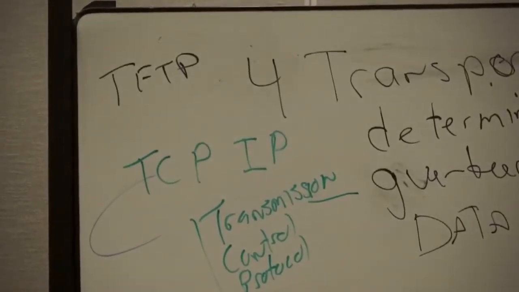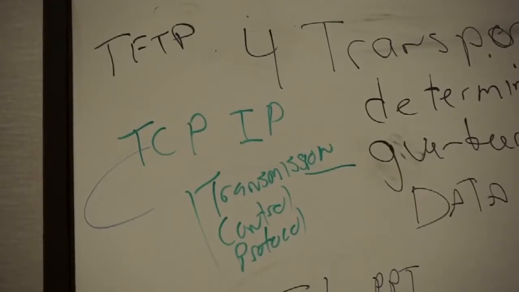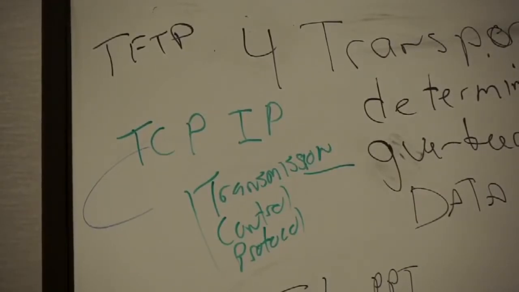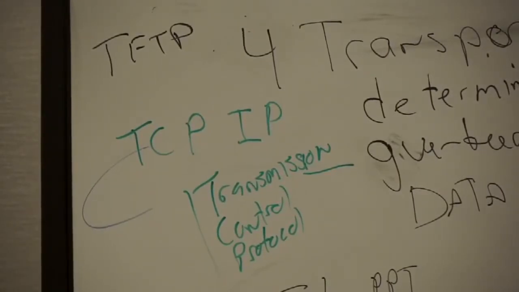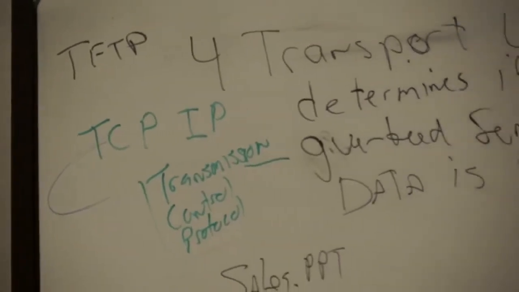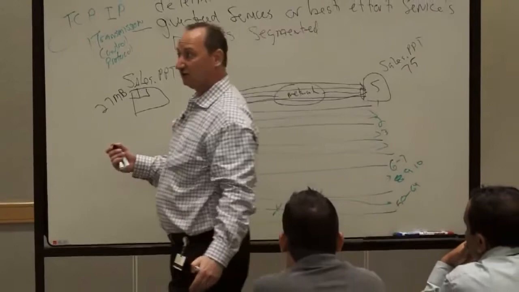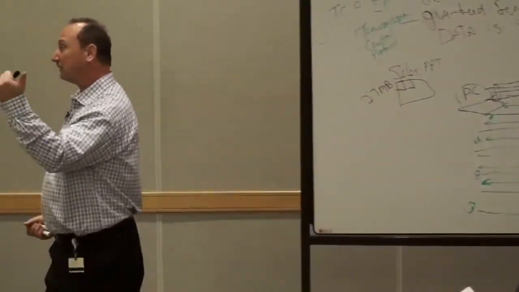In this case, if we chose TFTP to move this file, this guy says, I've got 75 segments, here they are, 1, 2, 3, 4, just sends them out. What's the benefit of that? It's a faster transmit rate, but where's the guaranteed services? So if I have a database application, I probably wouldn't choose this.